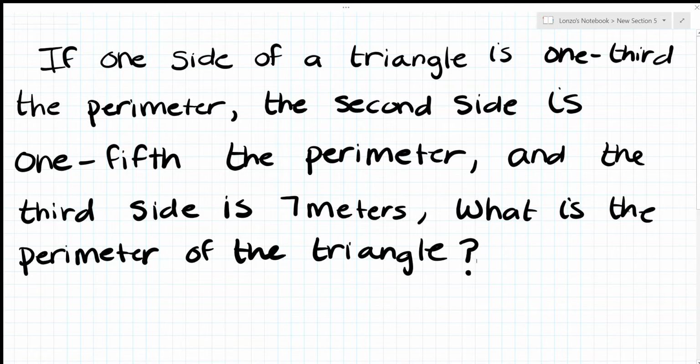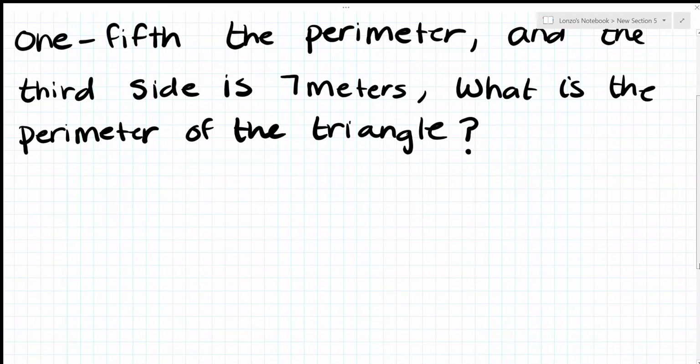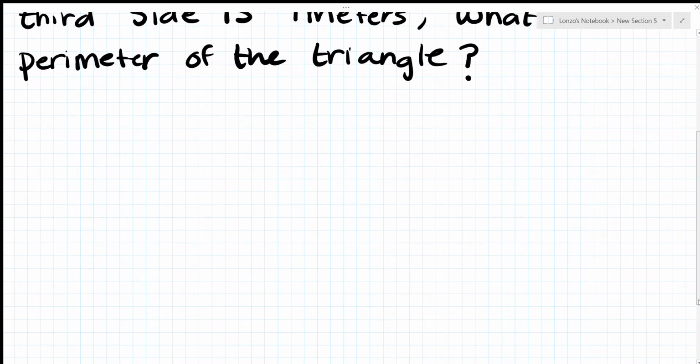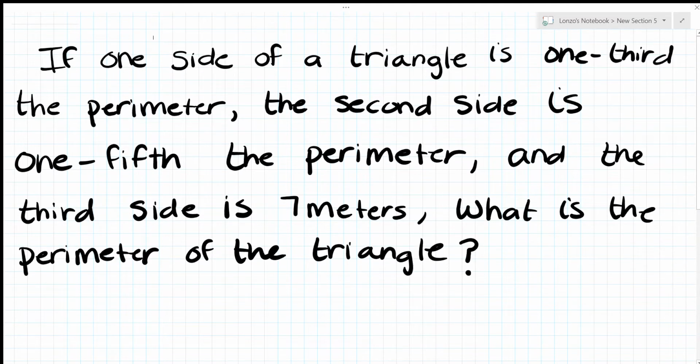It says if one side of a triangle is 1/3 of the perimeter, the second side is 1/5 of the perimeter, and the third side is 7 meters, what is the perimeter of the triangle? When you do this problem, you always have to be very visual. You just have to draw as much as you can.